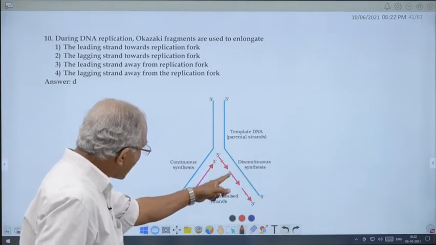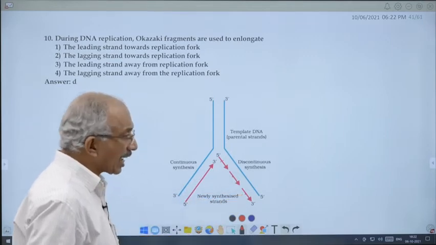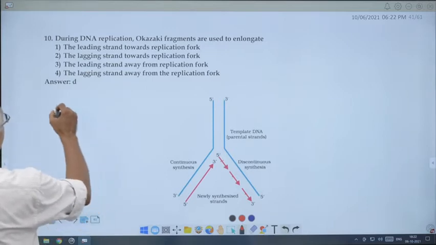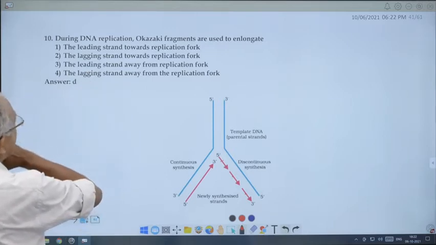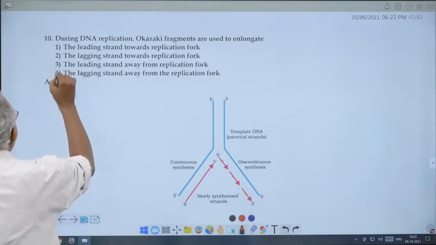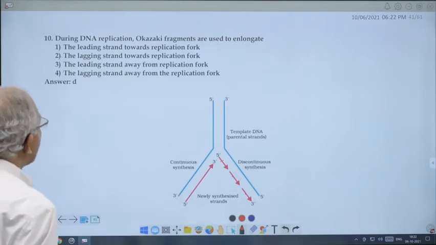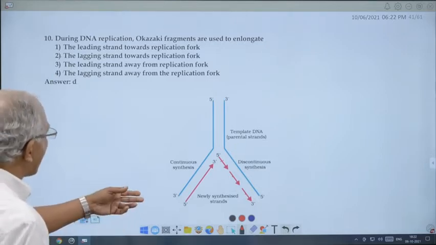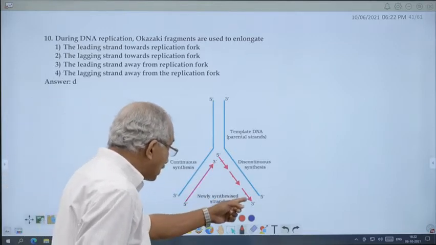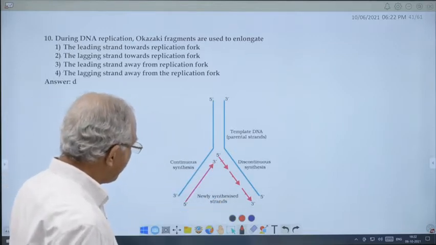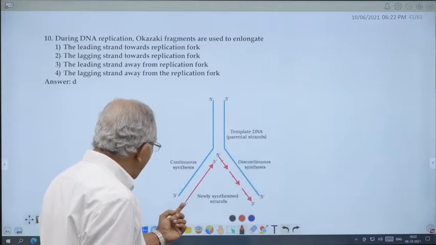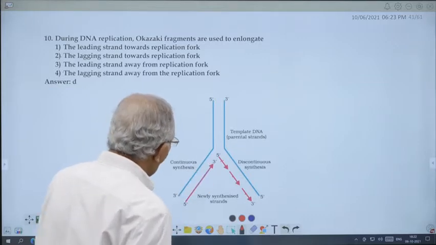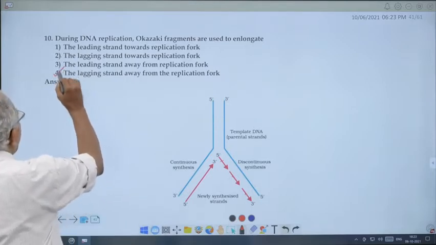These fragments are called the Okazaki fragments. But when it is the lagging strand, two options are there, 2 and 4. Which one is the answer? Okazaki fragments are associated with the lagging strand. This is the continuous strand. So this answer is 4.